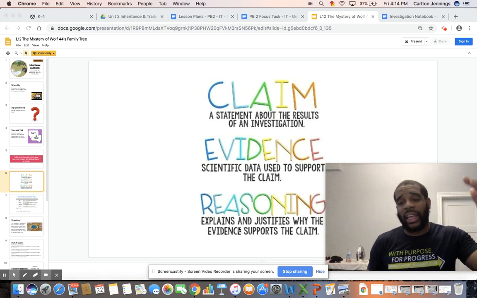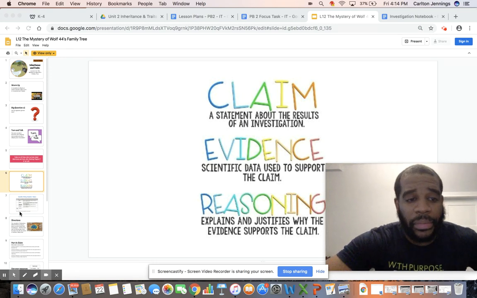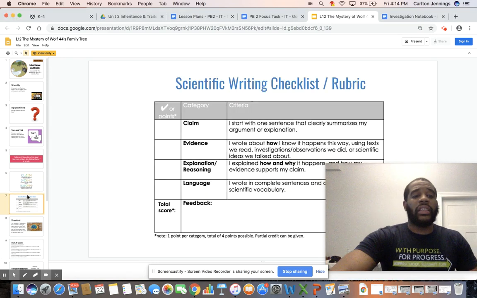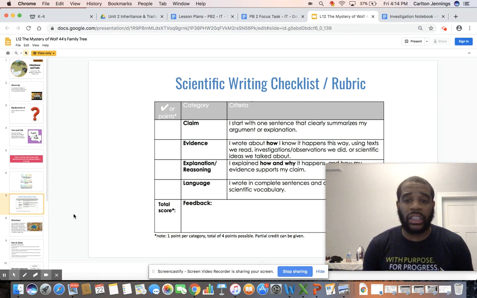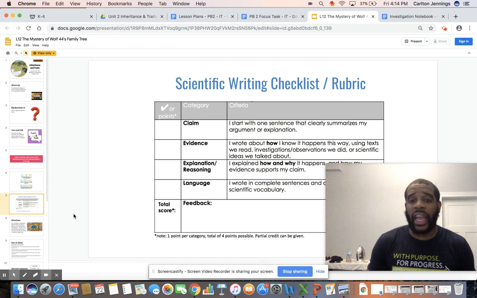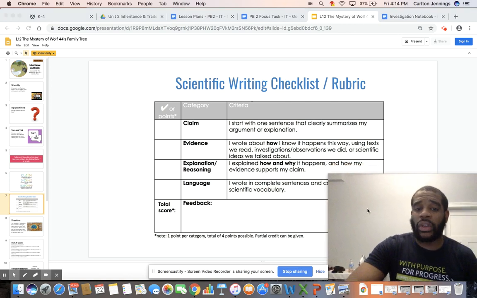We use claim, evidence, and reasoning, which we're going to be using on our next part. So this is our claim, evidence, and reasoning rubric that we always use. We start with a sentence that clearly summarizes my argument or explanation. Our evidence is how I know it happened this way, using text, investigations, observations, or scientific ideas that we learned about, and explaining how and why it happens and how my evidence supports my claim.